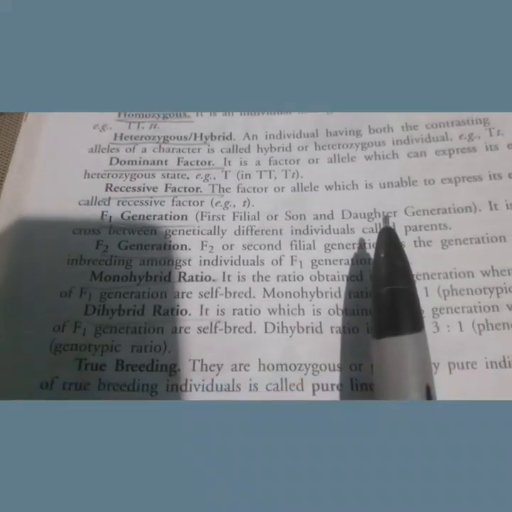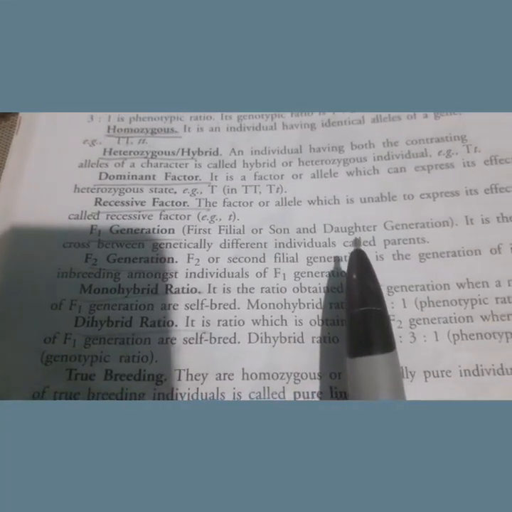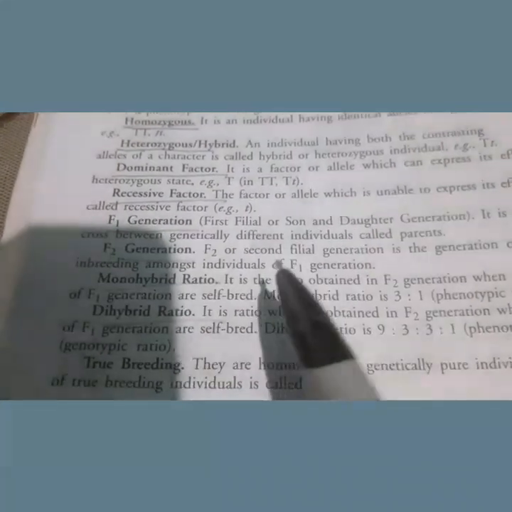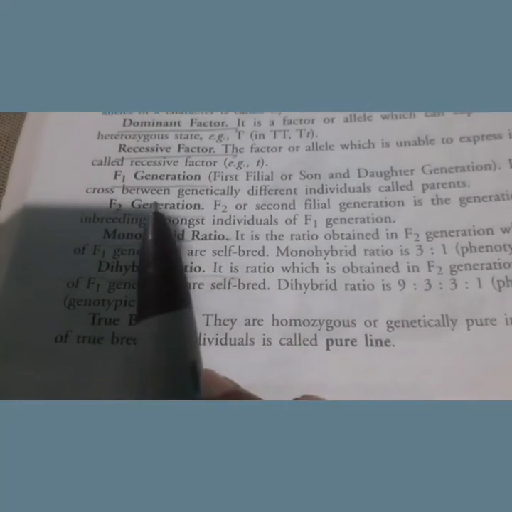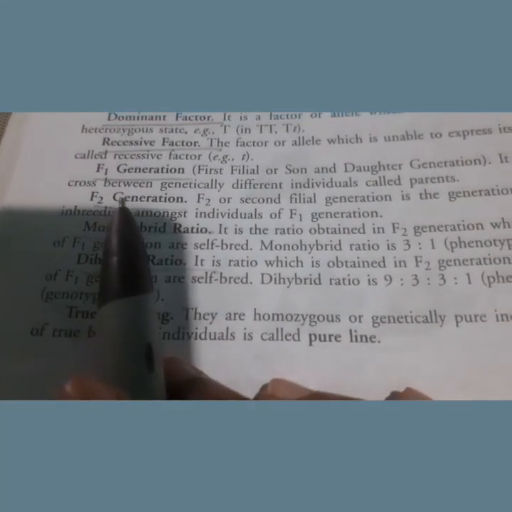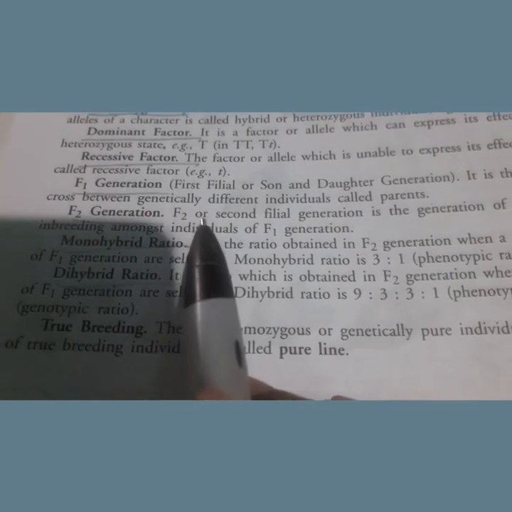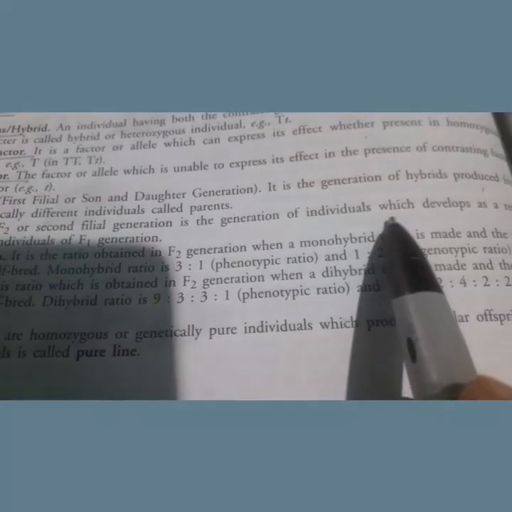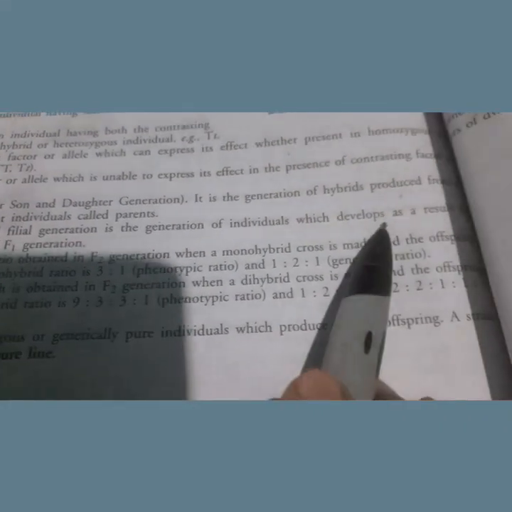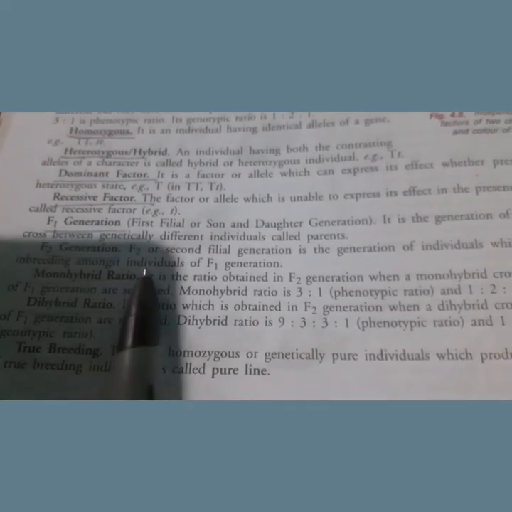Then the second one is F2 generation, that is second filial generation, the generation of individuals which develops as a result of inbreeding amongst individuals of F1 generation.